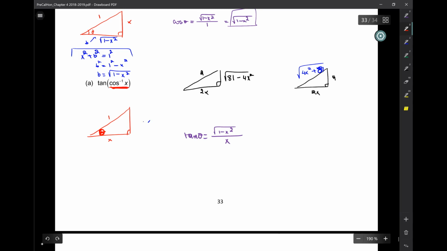It means the adjacent over the hypotenuse is x over 1. And then I want to find this side. For that one, I could either do the Pythagorean theorem, or I could do a little shortcut where I know that it's the square root of the larger side squared minus the smaller side squared. And then tangent is opposite over adjacent.